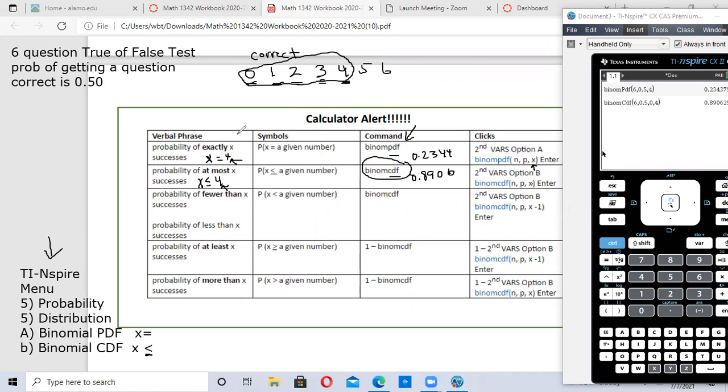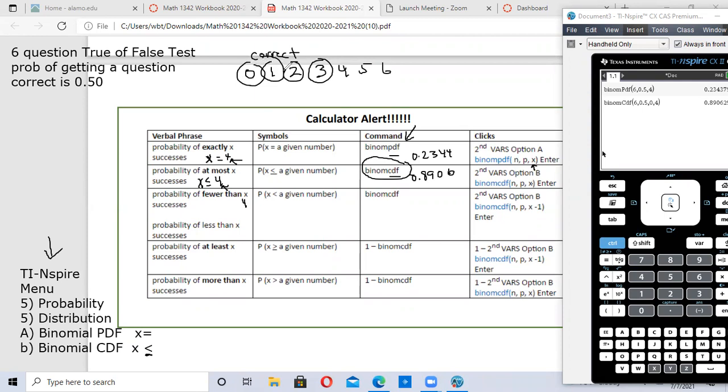What's the probability of getting fewer than 4 correct? Well, fewer than 4 correct is 3, 2, 1, or 0. That doesn't mean getting 4 correct.